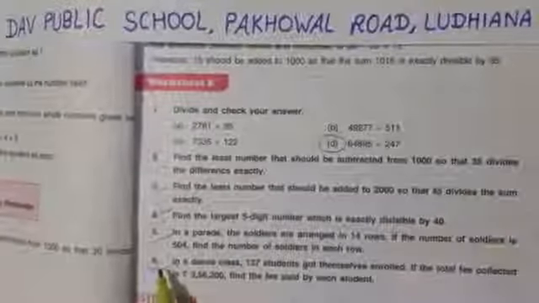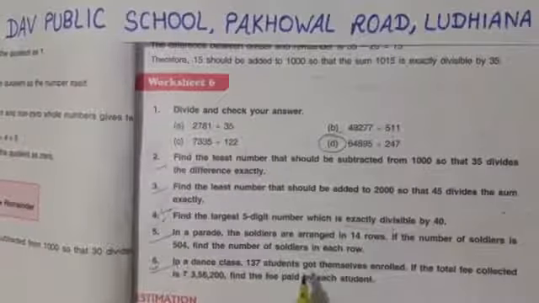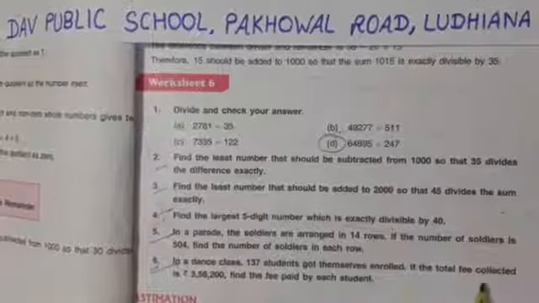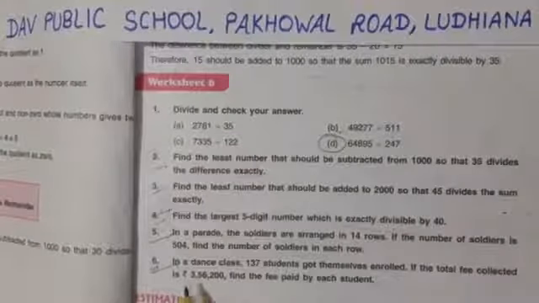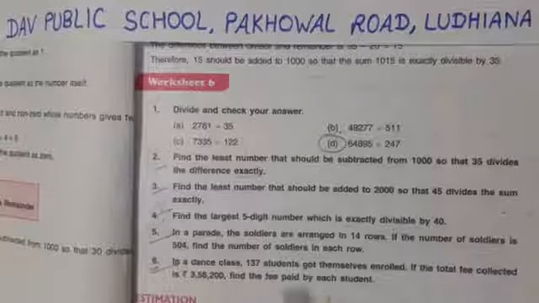Next is question number 6. In a dance class, 137 students got themselves enrolled. If the total fee collected is rupees 3,56,200, find the fee paid by each student. We have to find the fee paid by each student. Right?